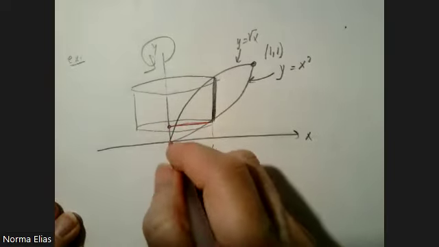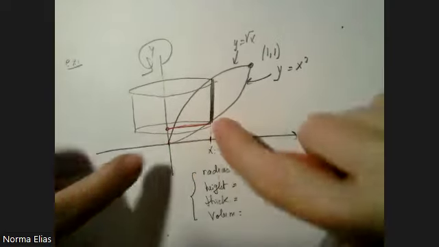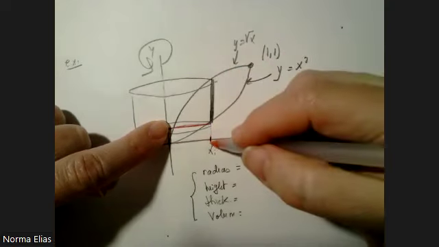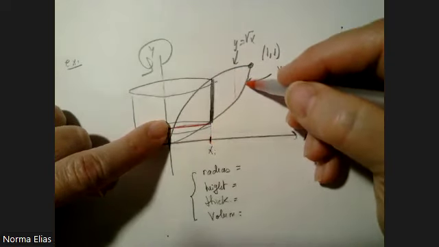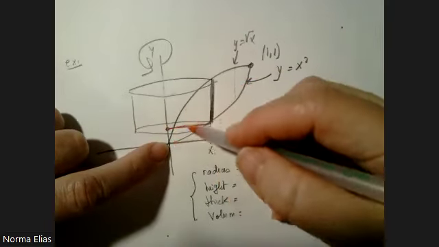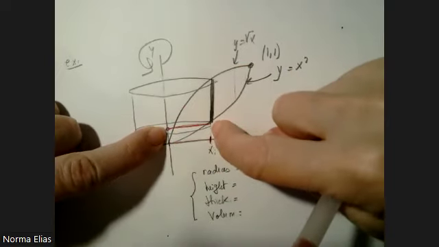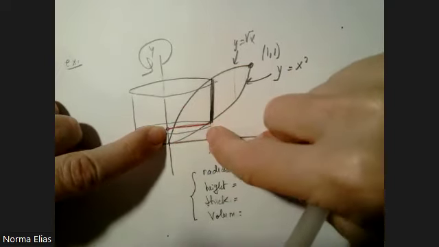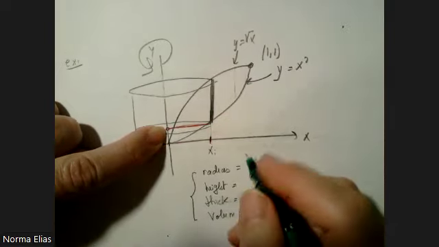It changes with xi, so it depends where my slice is. If my slice is here, I have a larger radius. Here, I have an even larger radius. Here, the radius is small. It gets larger and larger. So the radius of the shell totally changes with where my slice is. That's really going to be my radius, which is xi.